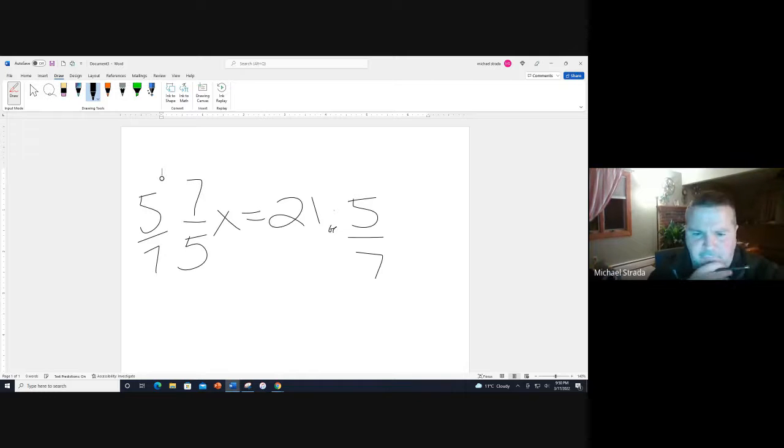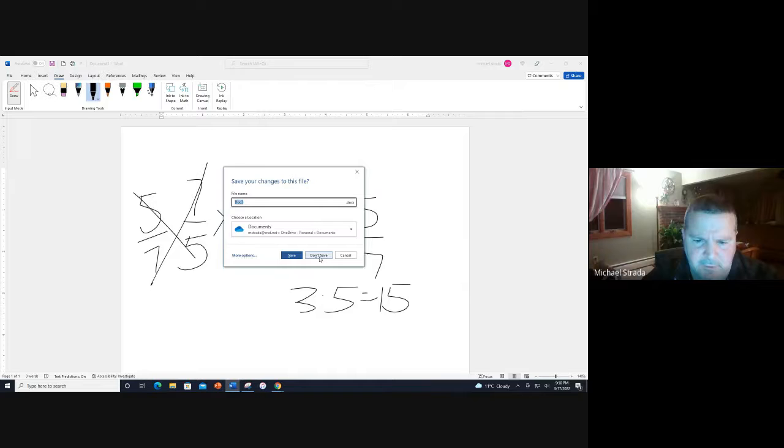The reciprocal of the fraction is just the flip of it. The 5s will cancel out because 5 divided by 5 is 1. The 7s cancel out because 7 divided by 7 is 1. And then you do the multiplication. x equals 21 times 5 over 7. If you want, you can divide first. The advantage there is it makes your numbers smaller. 21 divided by 7 would be 3, and 3 times 5 would still give you the 15. So you can handle the fraction either way you'd like.